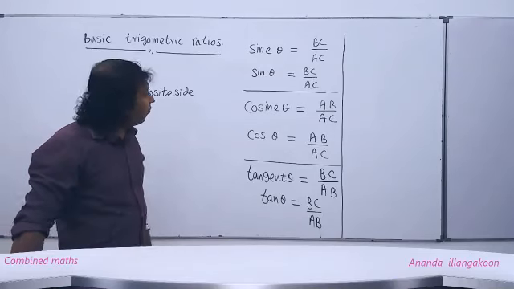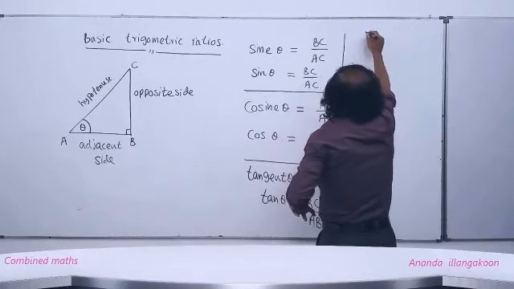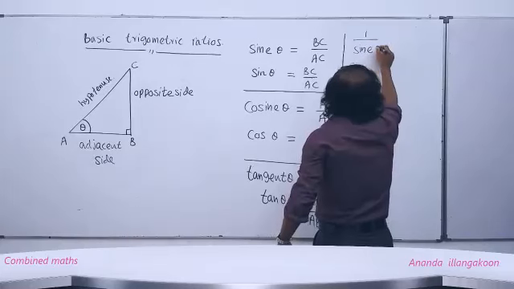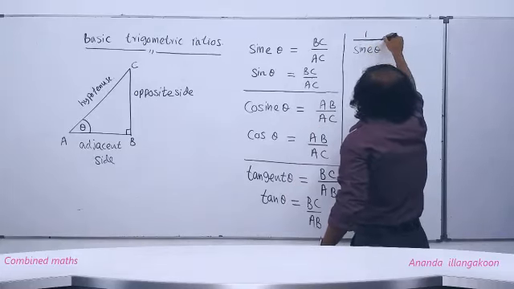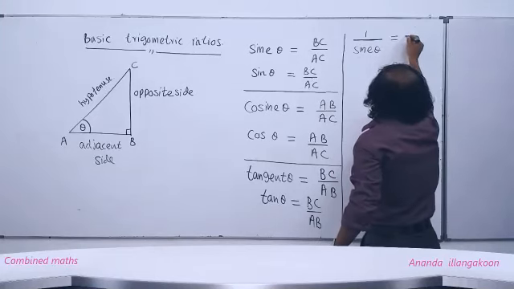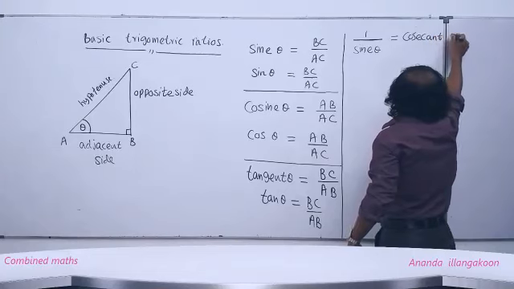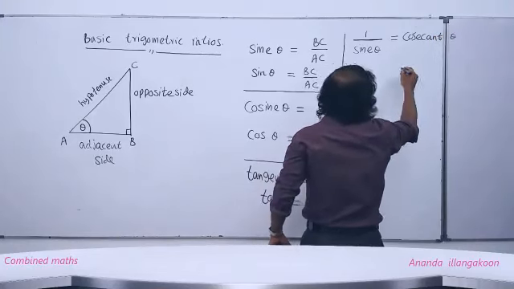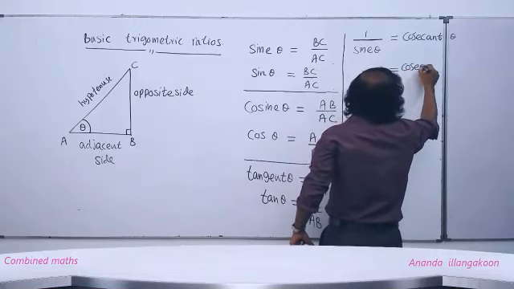Those three, if I mention, you can consider this way: 1 upon sine theta. We take the reciprocal of sine theta. This 1 upon sine theta we define as cosecant theta. But when we write this cosecant theta, we write it as cosec theta.